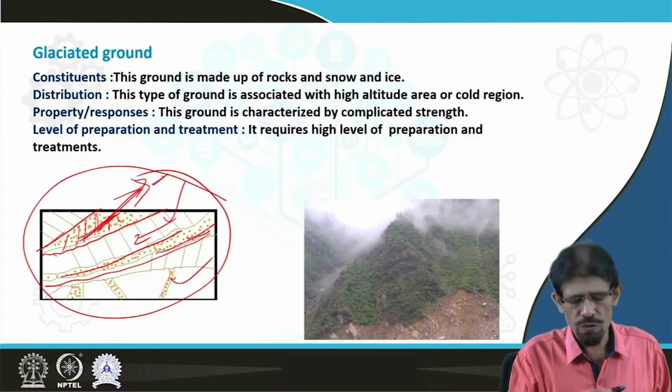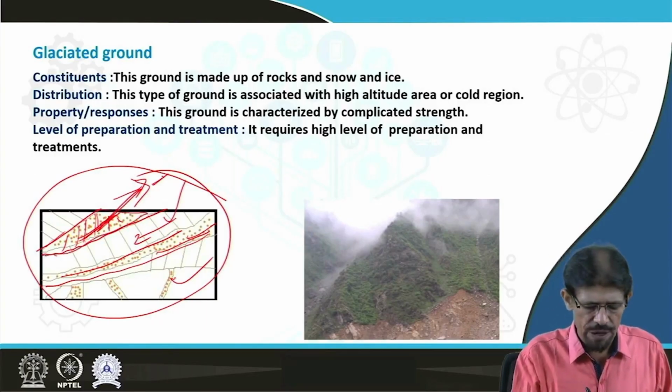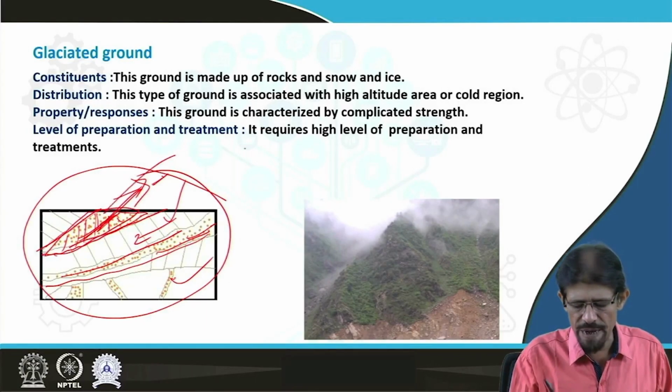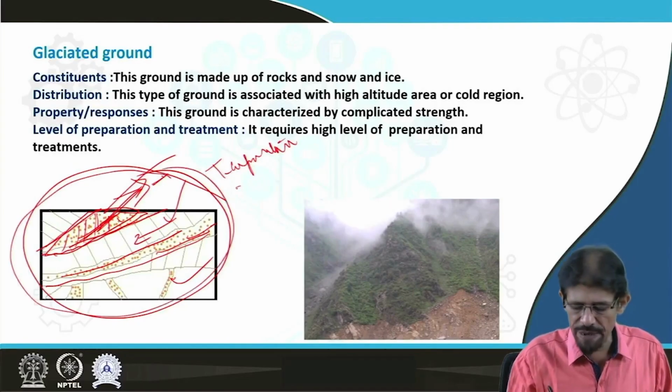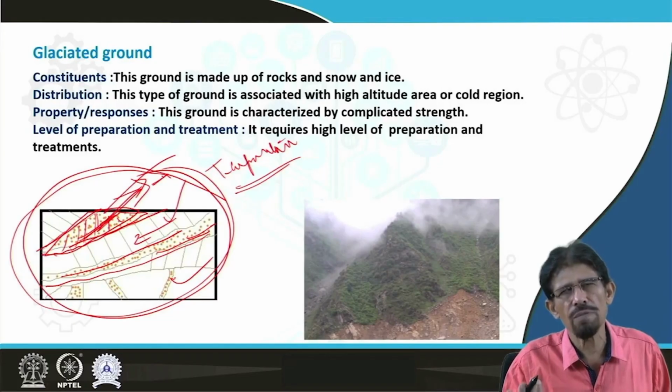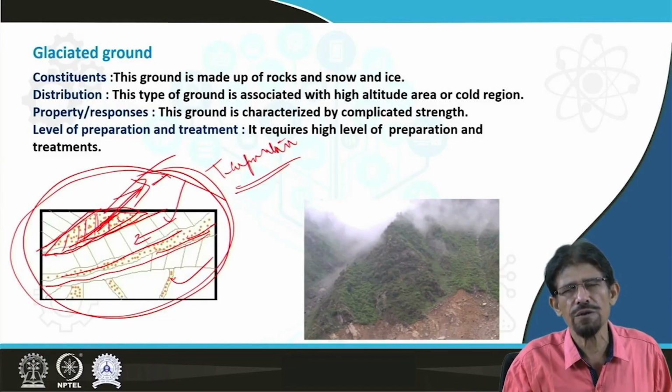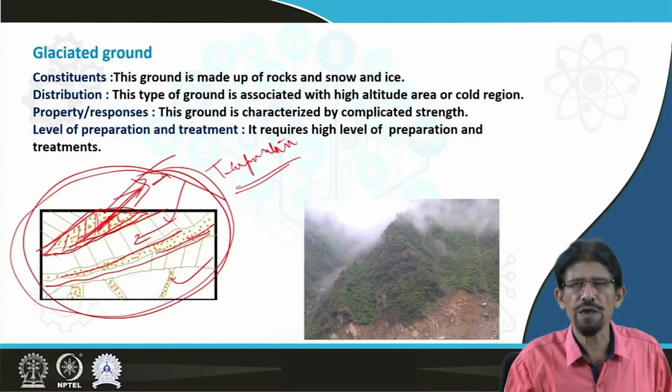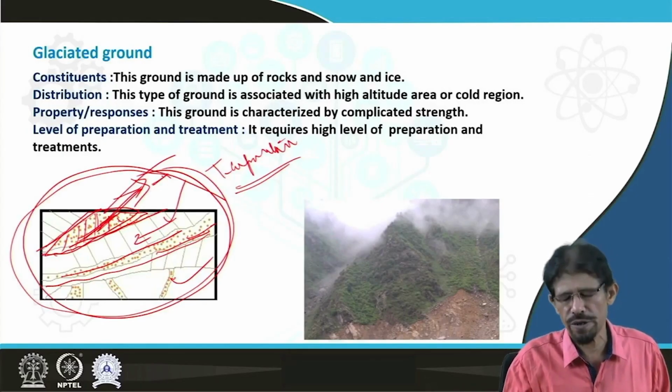As you know, the stability of this type of ice or snow mainly depends on the temperature. Therefore, this ground is a temperature dependent ground. It is very complicated in nature when we analyze such ground to solve avalanche problems and others, or stability problems related to cold regions.